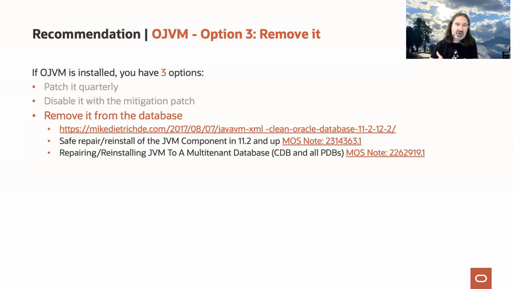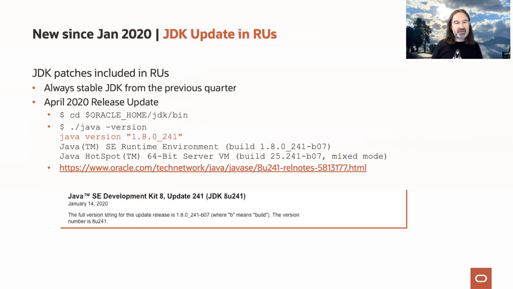This is a bit the downside of this removal process, because if you have dependent components on OJVM, you would remove them as well. But basically, when you go this route, you remove according to the notes or to my blog, and then you stop. And then it's not there anymore. So it's an official way to get rid of OJVM if you need to.